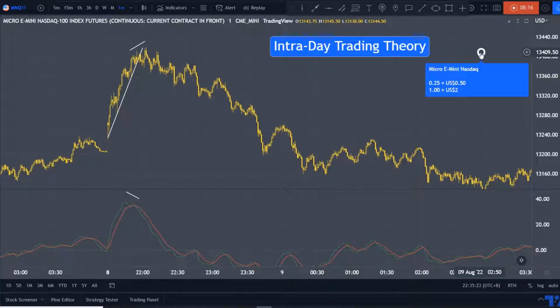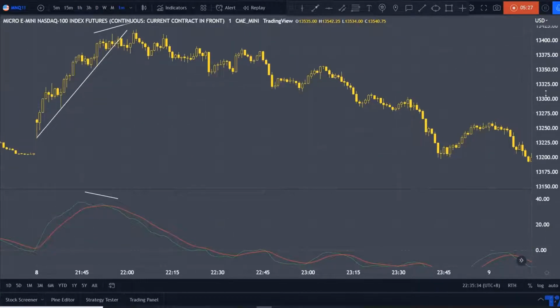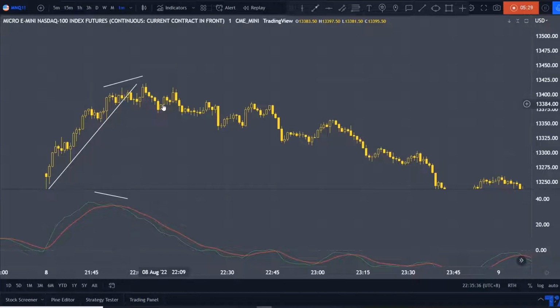Personally, I just convert it to one full point. 1 point means 2 US dollars, a simple calculation. So as we enter the market at about 380 to sell short, we also have to plan that if we are wrong, I'm going to stop at 420. So it's about a 40 point loss, as we could see here. 40 times 2, the damage is going to be 80 US dollars. So I'm prepared for it.